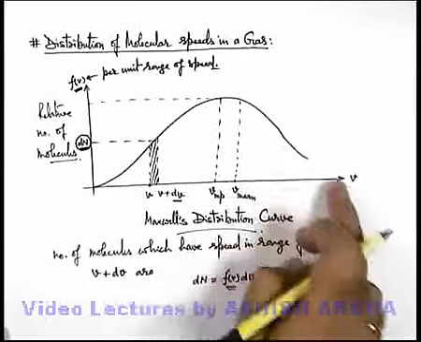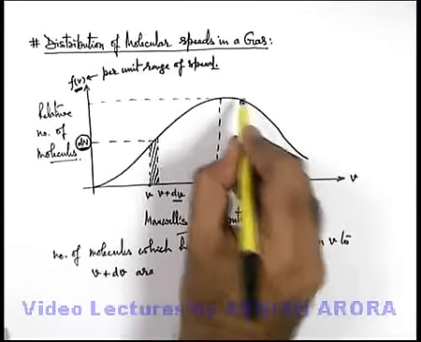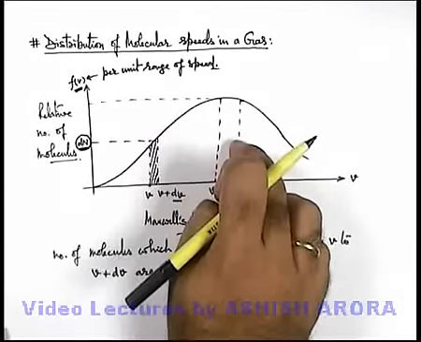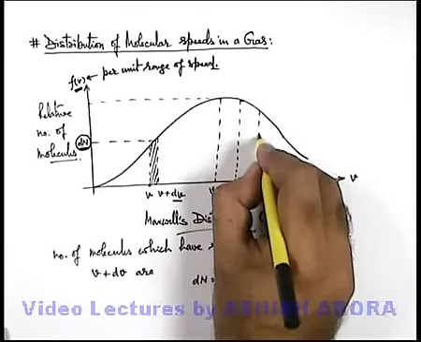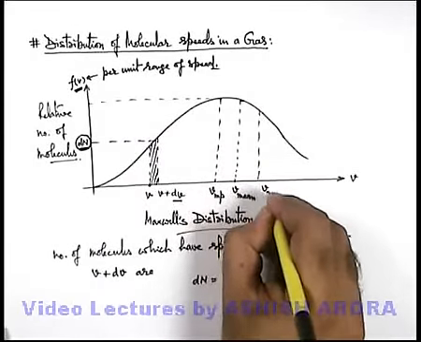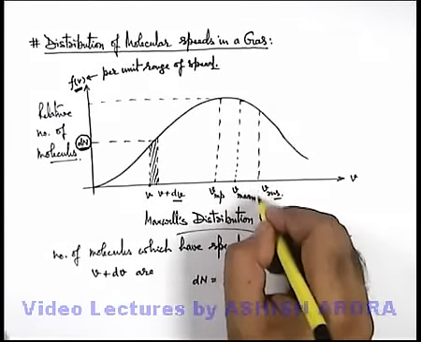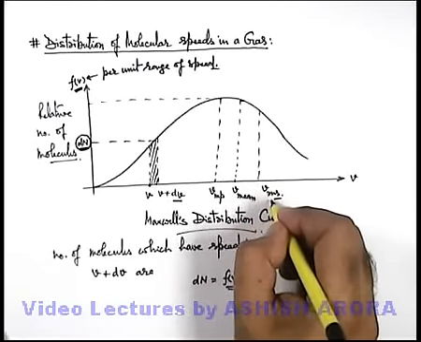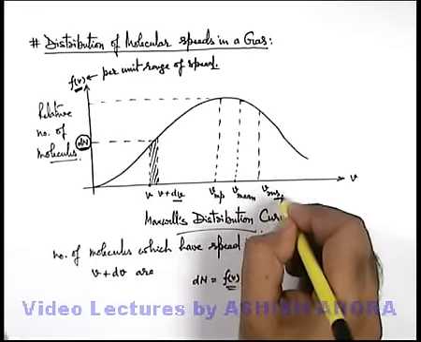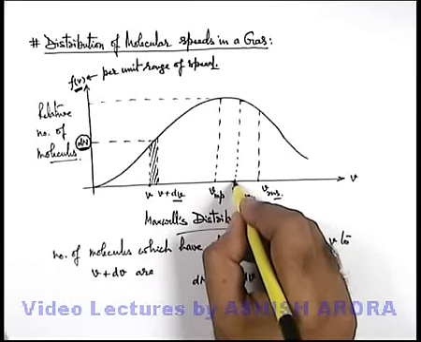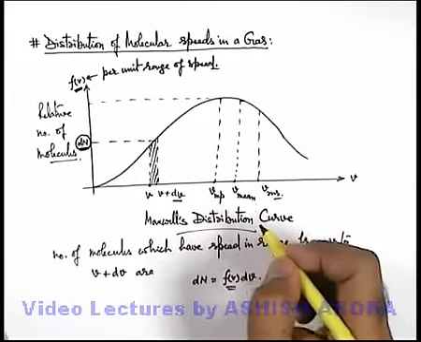If we find the average of this curve, it will be slightly higher than the most probable speed. And the RMS speed, as we have taken in the previous article, is the highest of these, more than the mean speed and more than the most probable speed.